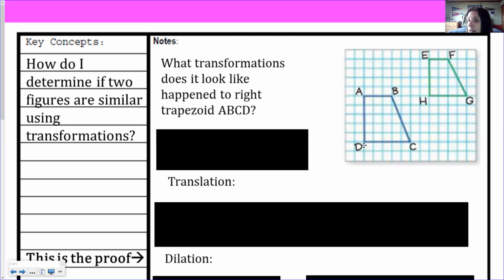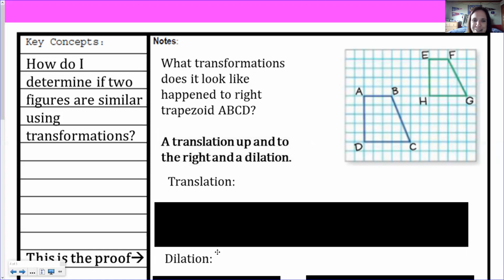And it also moved on the coordinate plane. It didn't change positions. AB hasn't reversed to become EF. So when it moves on the coordinate plane, which one is that? Translation. And you can see it in your notes. So a translation up and to the right with a dilation occurring is our guess.